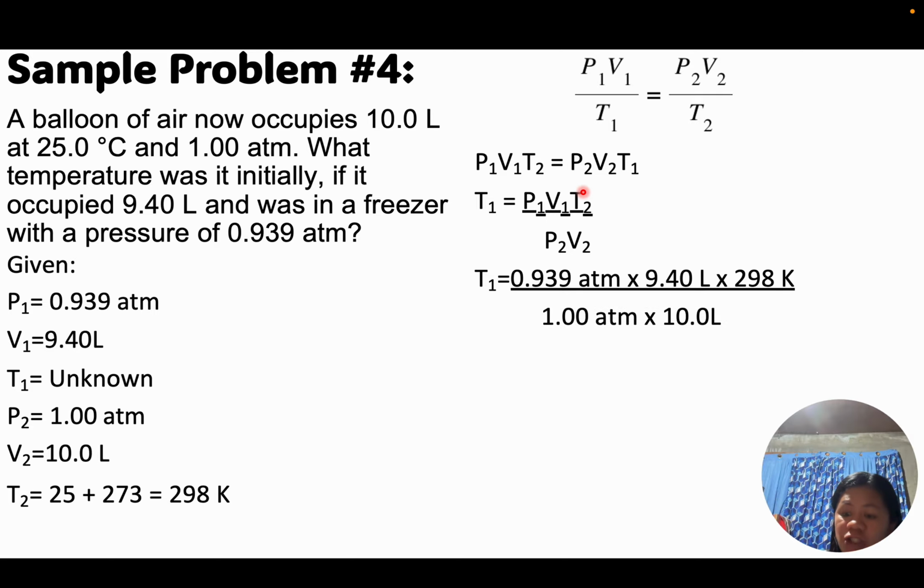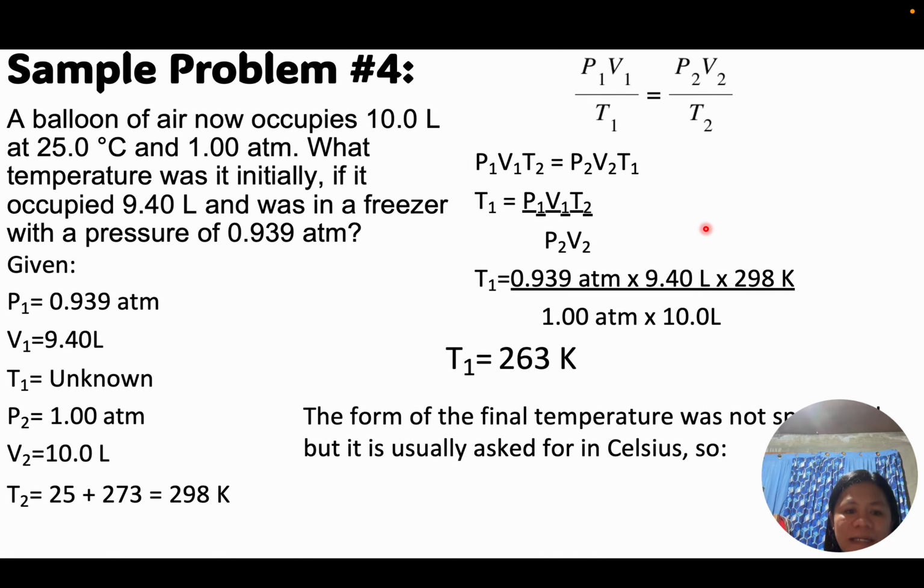Divide naman natin siya sa P2, which is 1 atm and 10 liters naman for V2. Okay, so we'll get what? Using your calculator, you can do this. 0.939 times 9.40 times 298. Take note, makakancel pala ha. ATM, liters. Ang maiiwan sa atin is Kelvin. So, we'll get what? 263 Kelvin.